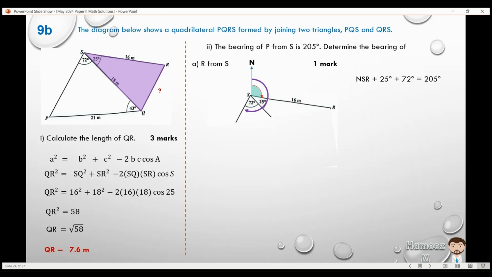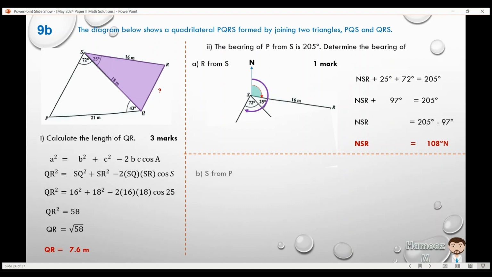And knowing that, there's only one unknown, so we can solve. So the angle that indicates the bearing of R from S, or NSR, plus 97 is equal to 205. So we minus 97 from both sides. NSR is 205 minus 97. So the angle, which indicates the bearing of R from S, is 108 degrees north. So that is what we have in green. If we face north and we turn 108 degrees, we will now be facing R.